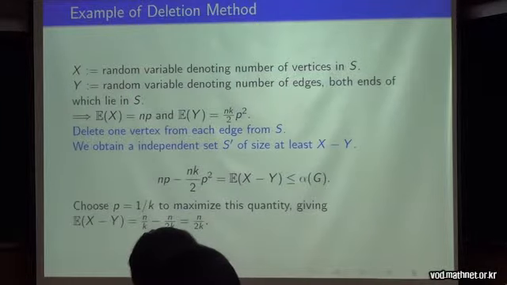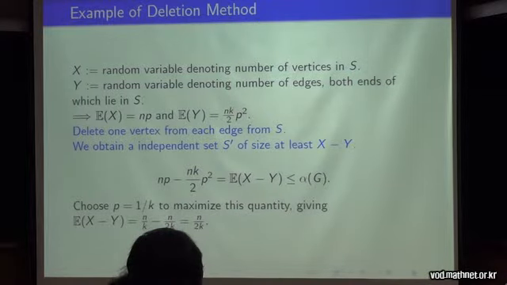Then we define the random variables X and Y as the number of vertices and the number of edges in this set S, where both ends must be in the set S. Then, whenever there exists an edge in this random set, we try to delete one vertex from this edge. Then what happens here? You can get an independent set.